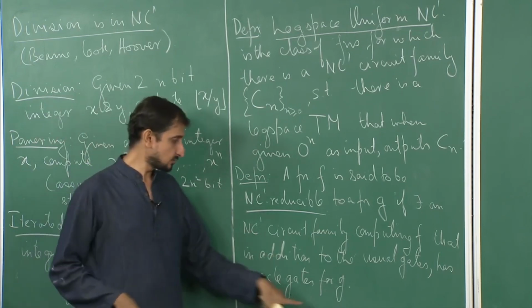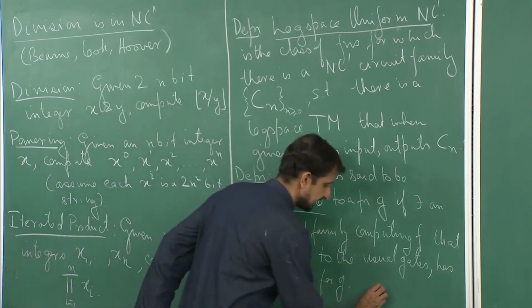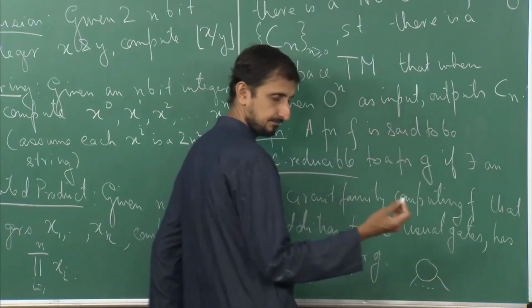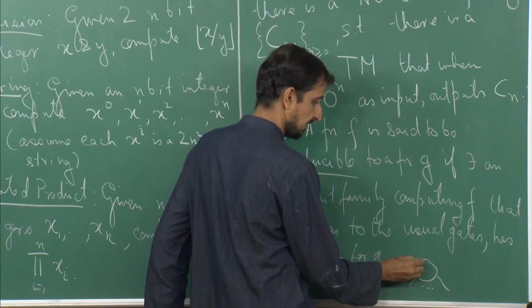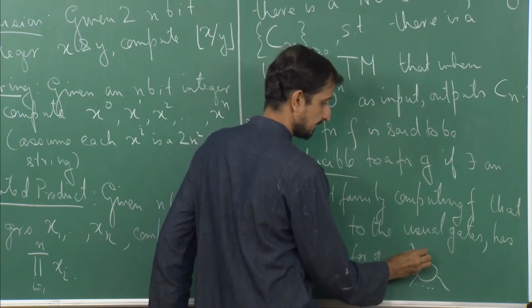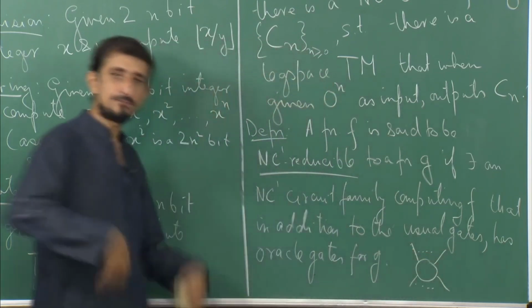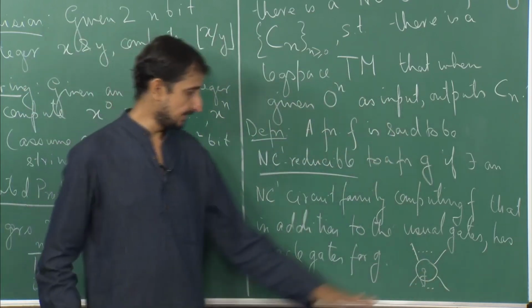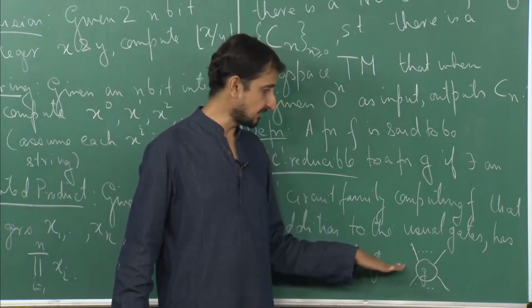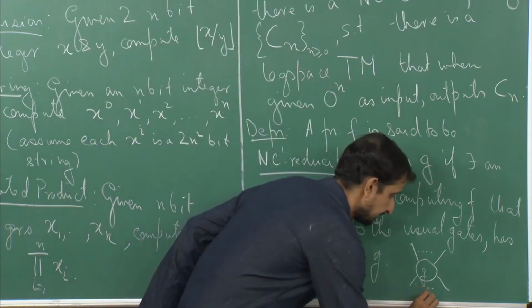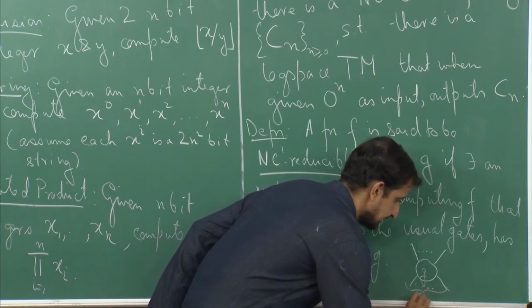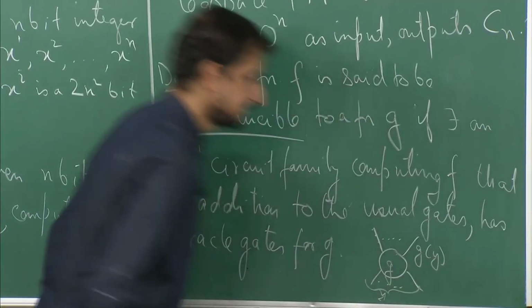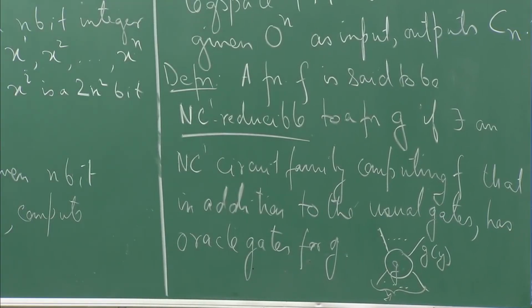An oracle gate for g is a gate which takes as input some bits, say some y, and outputs the string g of y. This is what an oracle gate is.